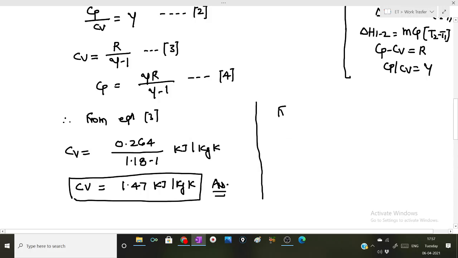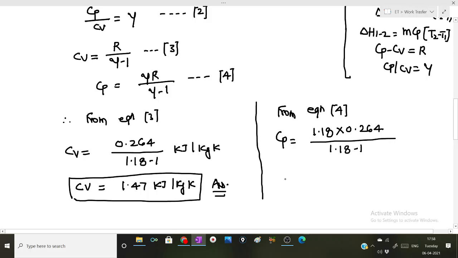Similarly, either you can select equation number 2 or equation number 4. I am selecting equation 4. Cp will be gamma R over gamma minus 1. So 1.18 into 0.264 over 1.18 minus 1.